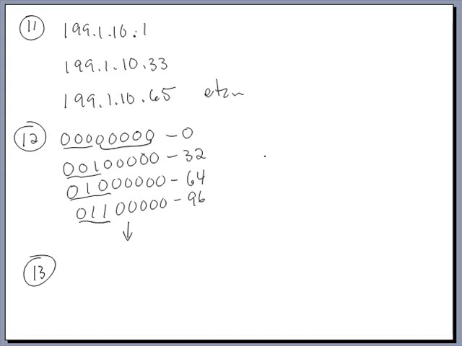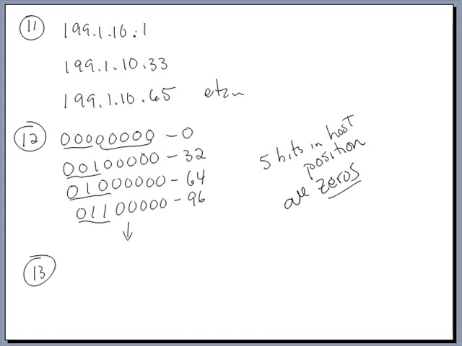So there's 5 bits in the host portion. So if you're only using 2 bits on the left, then you're going to have 6 in the host portion. And in this case, it's asking what they are, and they're all zeros. All zeros.